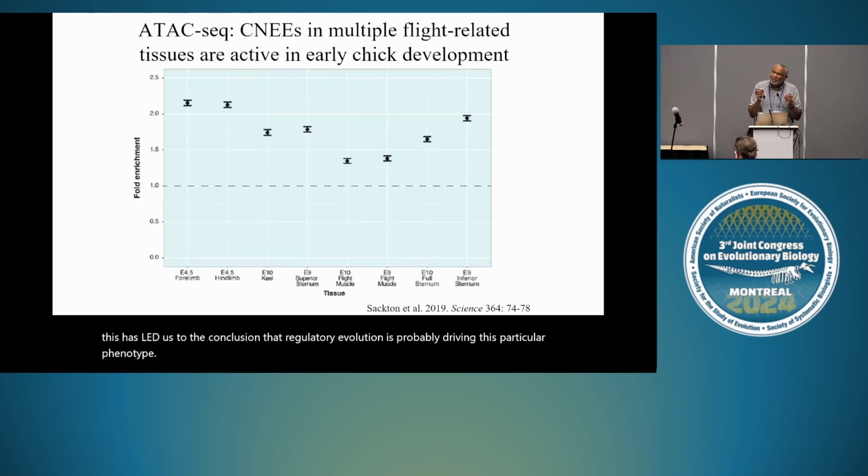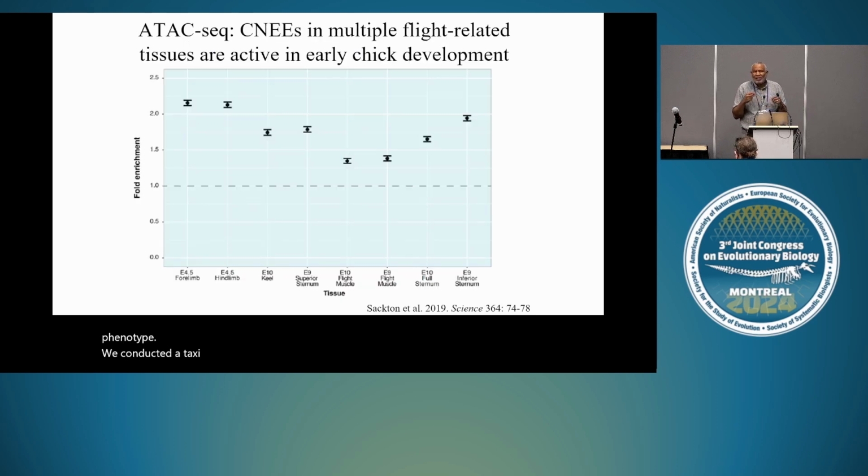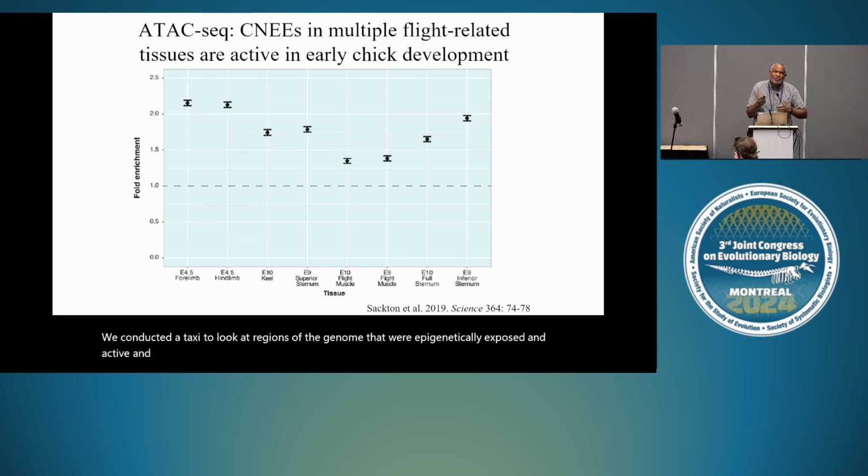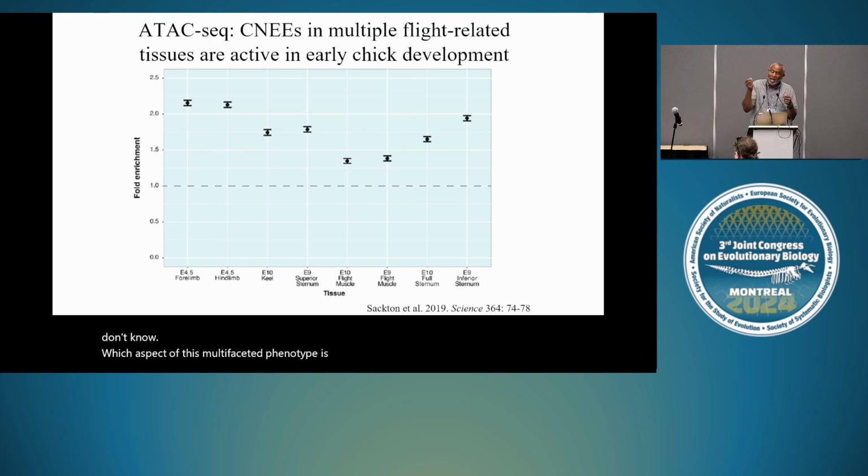We conducted an ATAC-seq to look at regions of the genome that were epigenetically exposed and active. And we have to do this because when we flag an element as accelerated, well, we don't know which aspect of this multifaceted phenotype is being influenced by a given element.